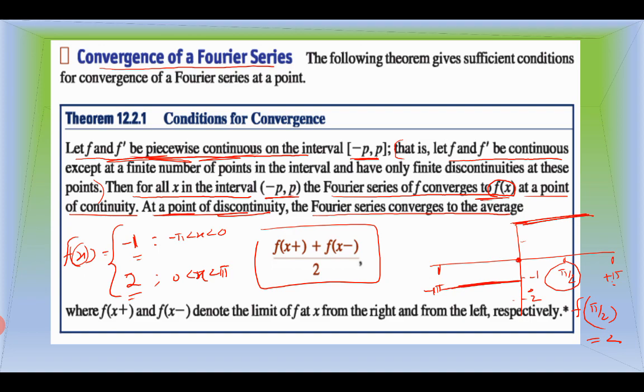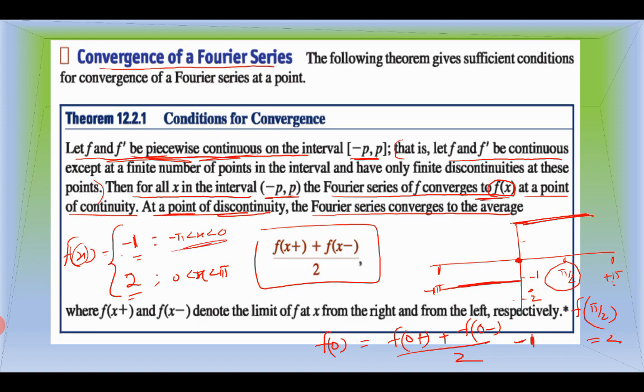But at the point of discontinuity, what is f of 0? That's the question. f of 0 is f of 0 plus plus f of 0 minus, divided by 2. That is, left limit at 0 plus right limit at 0, divided by 2. Left limit, when you fall a little bit left of 0, you are in the first interval, the answer is negative 1.